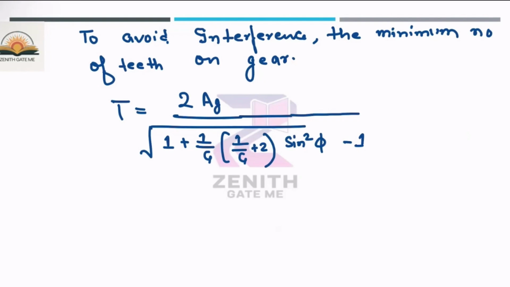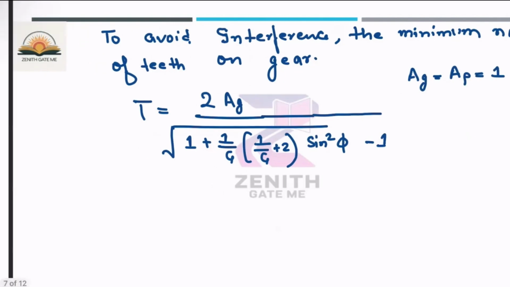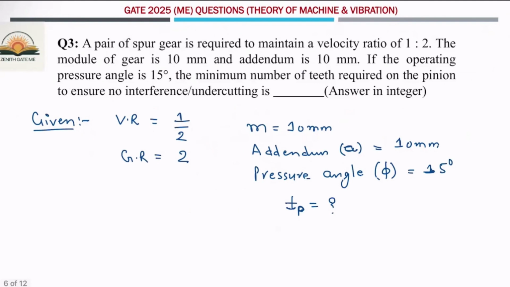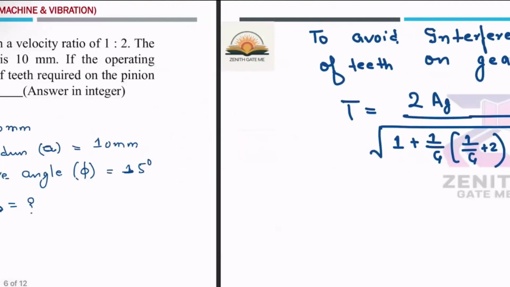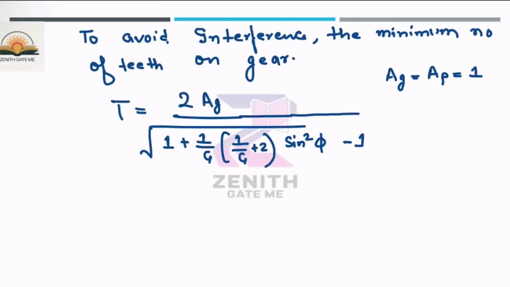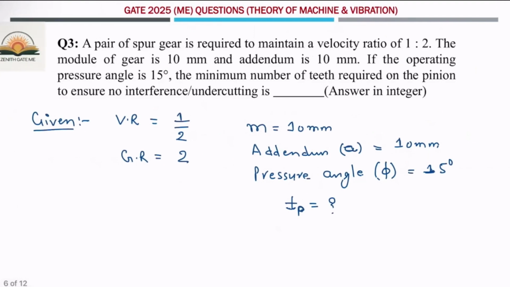For calculating the number of teeth on pinion, you know already the gear ratio. Okay, so the fractional addendum of gear and the fractional addendum of pinion will be equal to 1 only, because the total addendum is given as 10. So the fractional addendum is nothing but 1 only, because the addendum is given as 10 m.